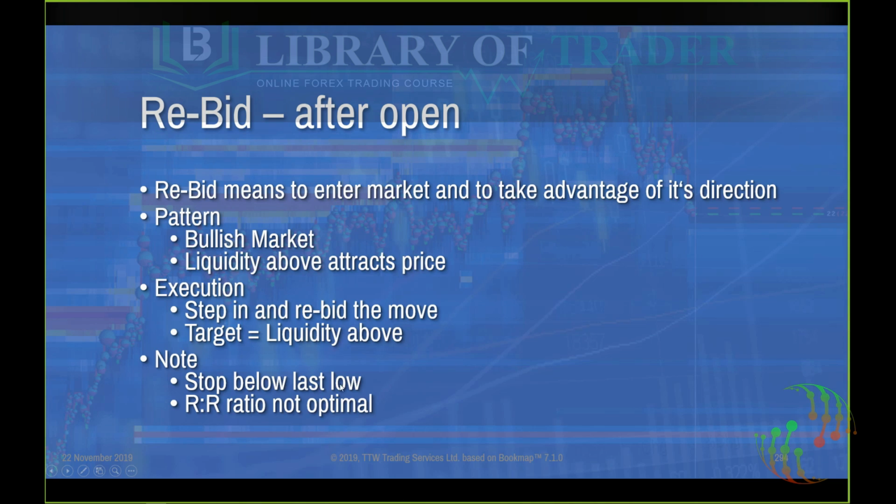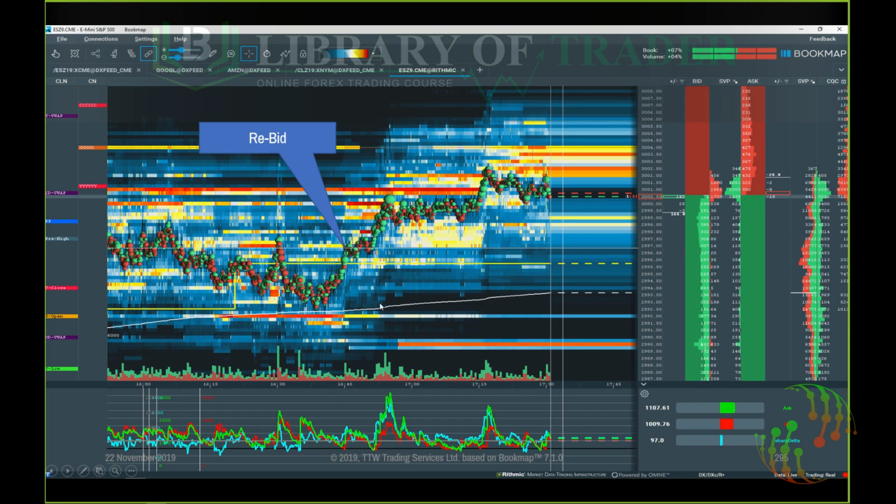Stop below the last low, and you have to be aware that the risk-reward ratio is not optimal in this case, because look here, the market was pre-open a little bit sideways, but we had enough information in the preparation that the market is likely to go up and to trade up.